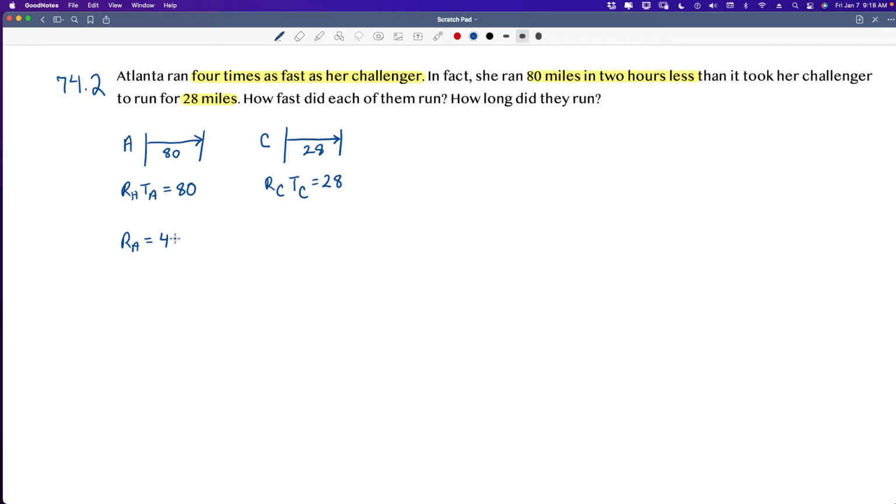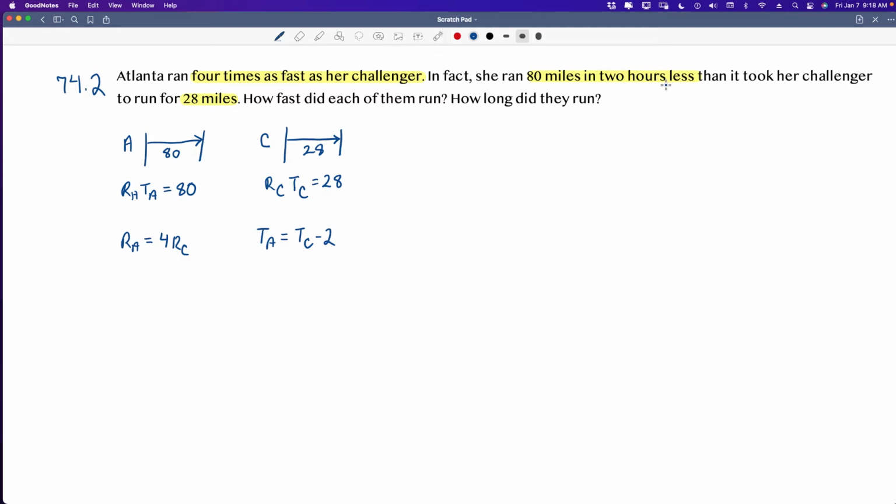And now let's look at her time. She ran the 80 miles in 2 hours less than her challenger. So Atlanta's time is her challenger's time minus 2 hours.